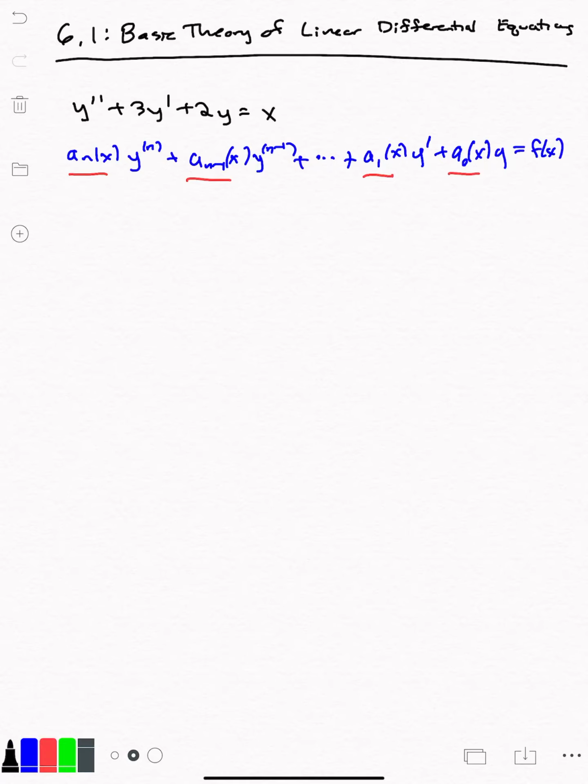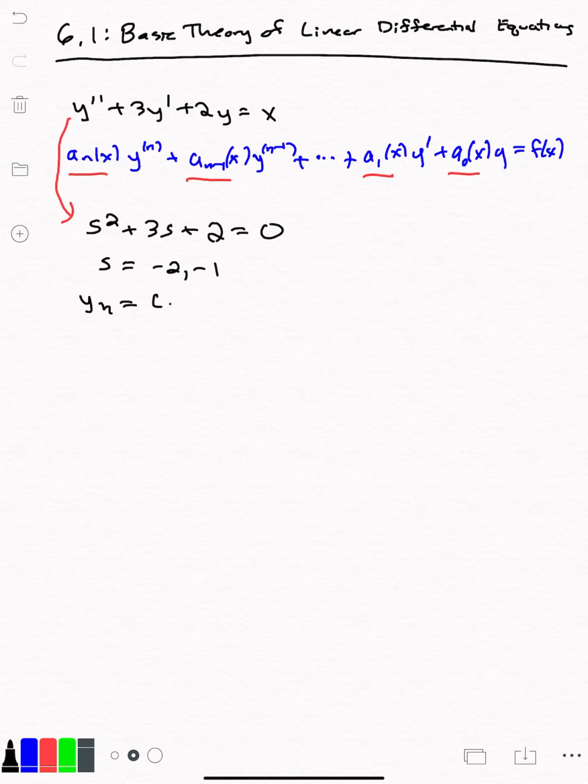One thing we saw before was that when it was a second order equation, you were going to get two roots or a double root of the polynomial you solved. For example, with this one, when we did our auxiliary equation, s squared plus 3s plus 2, we get two answers, -2 and -1. So our homogeneous solution was c1 e to the -2t plus c2 e to the -t.